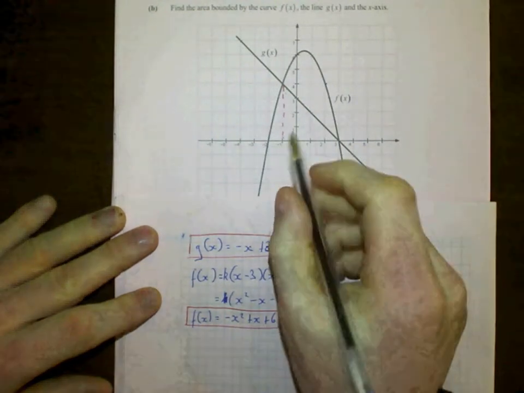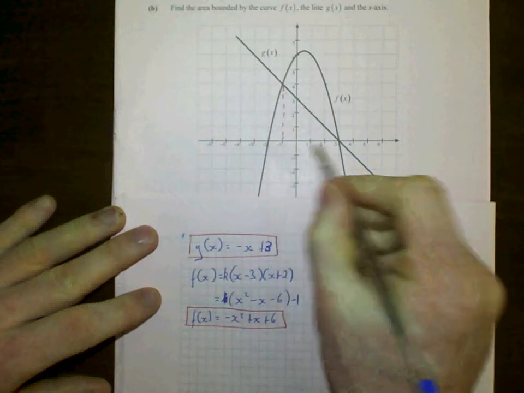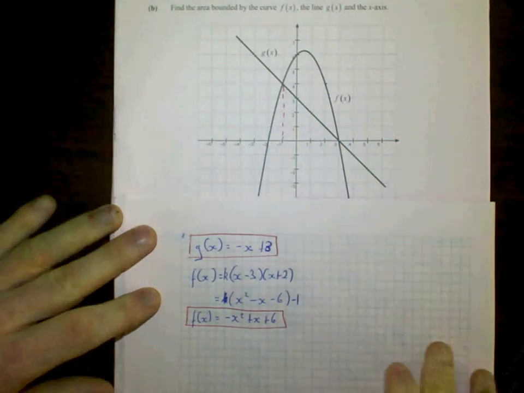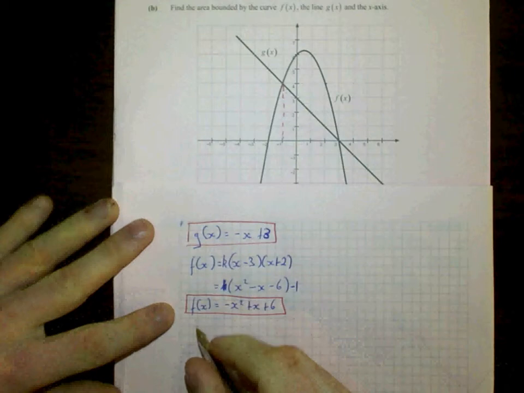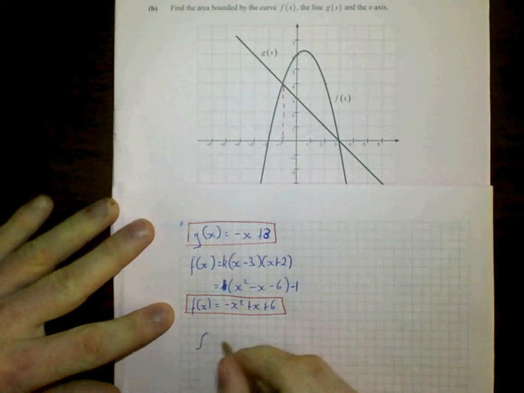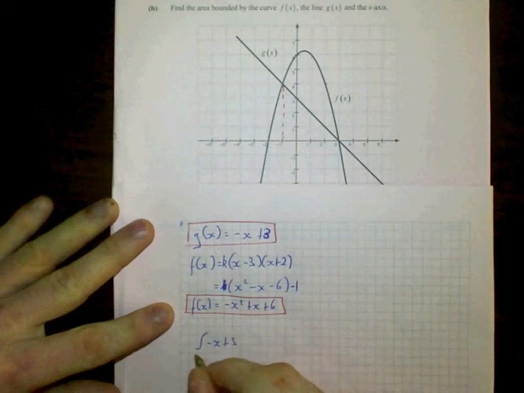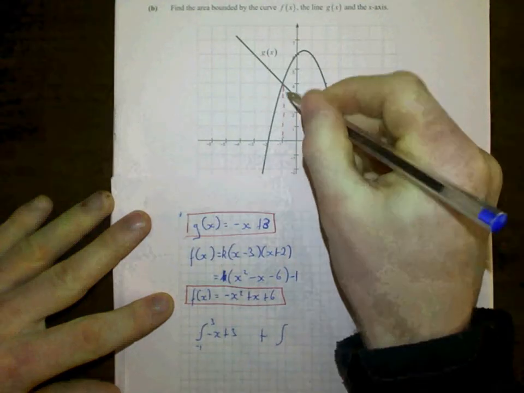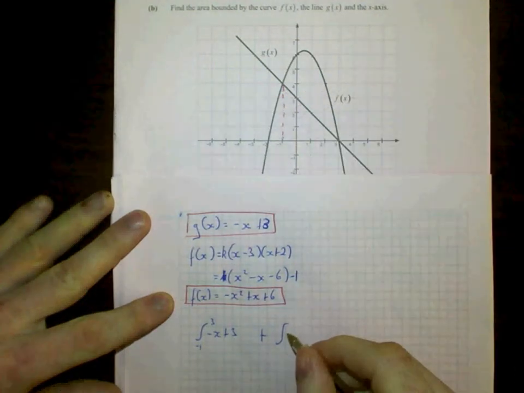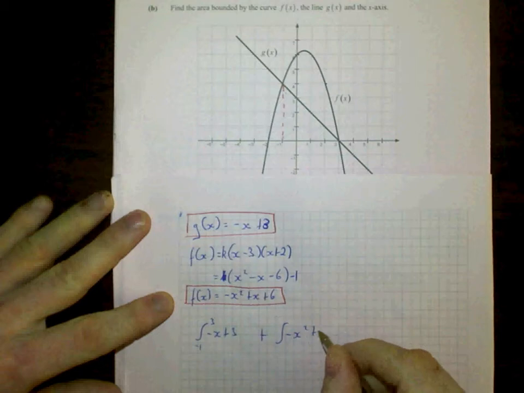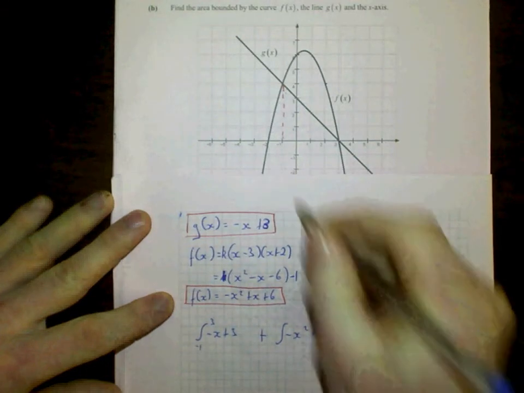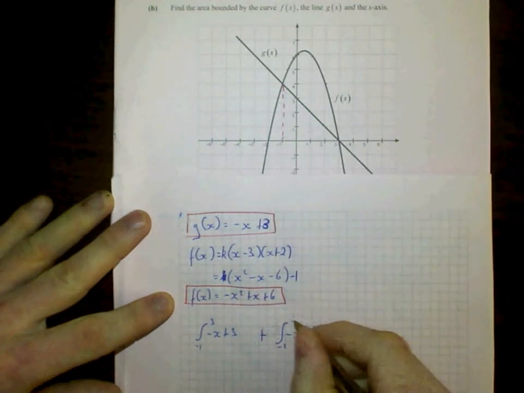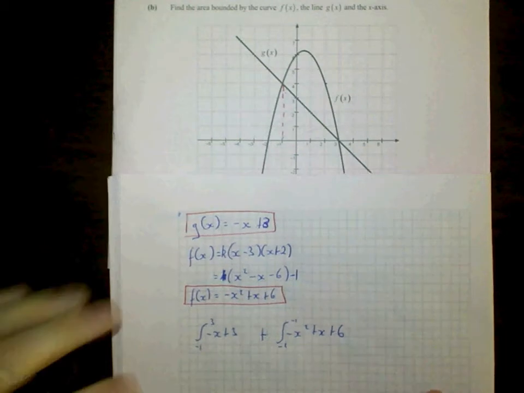So the integral underneath the line between minus 1 and 3. And then I also get the integral underneath the curve, which is minus x squared plus x plus 6, between minus 2 and minus 1. That'll give me the area of the overall thing.